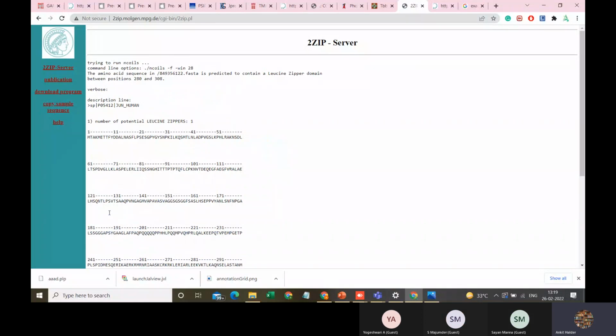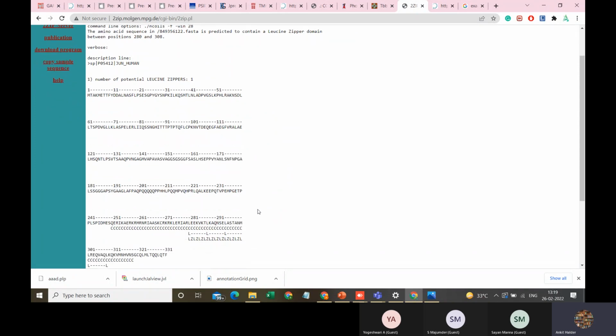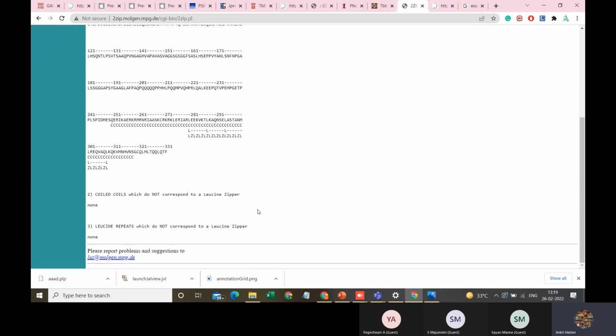Here you can see that it is saying the number of potential leucine zippers is 1. So it is a leucine zipper. Coiled coils, none, so it is a leucine zipper. We found that protein. You can see that it has correctly predicted it to be a leucine zipper, but other sequences it won't predict as a leucine zipper.